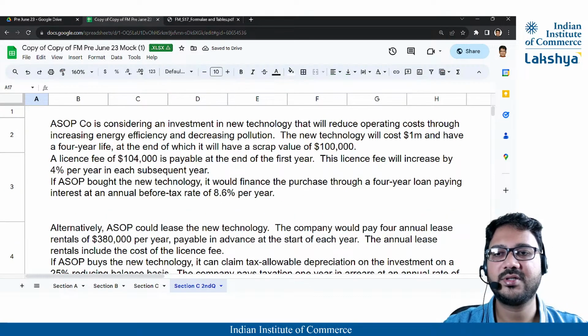Then what next? A license fee of 104,000 is payable at the end of the first year. The license fee will increase by 4% per annum in each subsequent year.